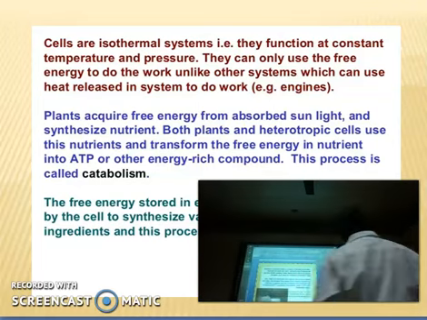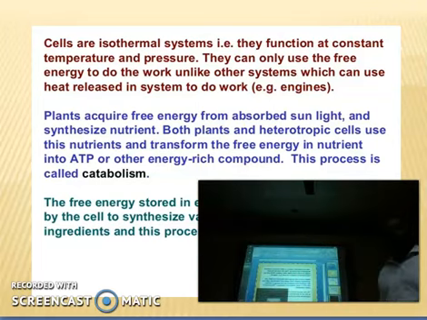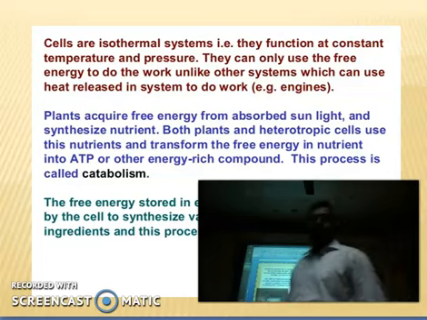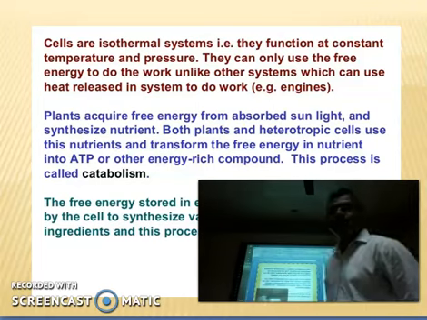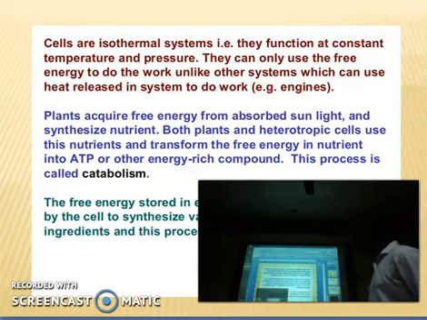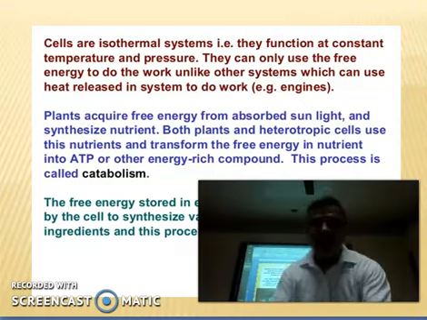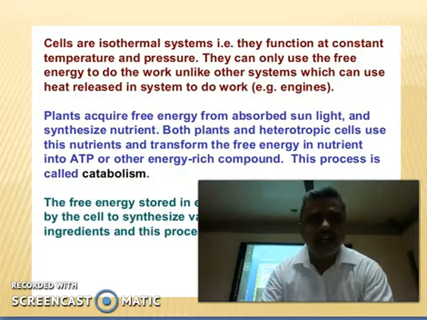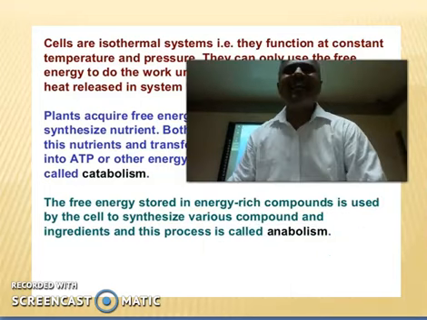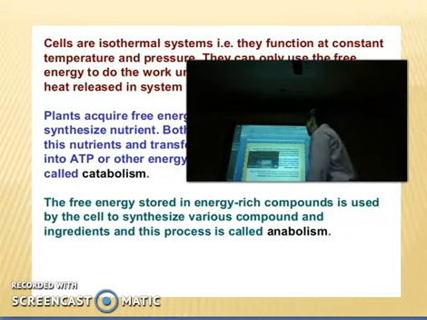Plants require free energy from absorbed sunlight and synthesize nutrient. Both plants and heterotrophic cells use these nutrients and transform the free energy in nutrient into ATP and other energy rich compounds. This process is called catabolism. Now you understand. Generally you are writing what is catabolism: degradative pathways and lysis pathways.